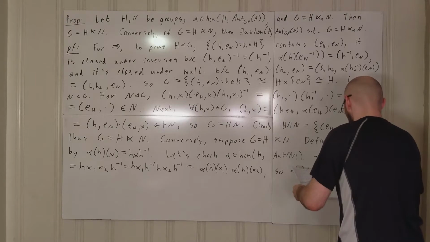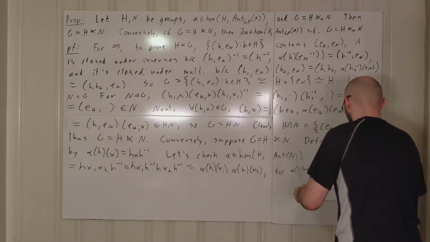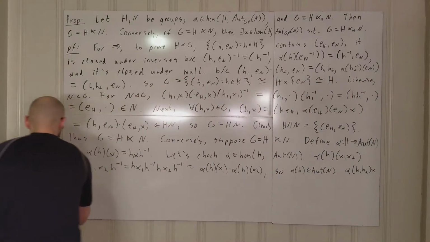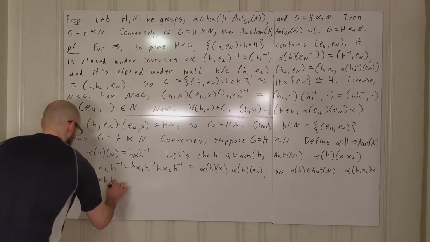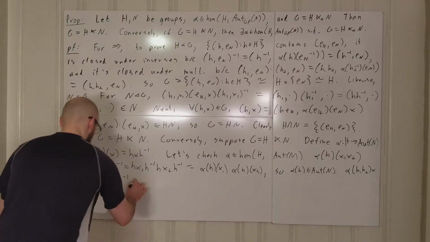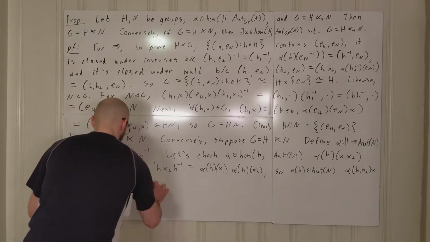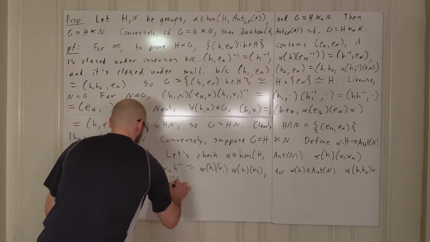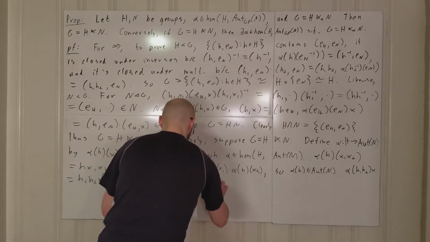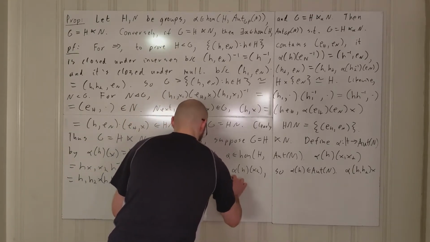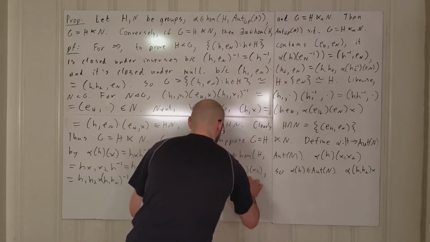So then alpha of h1 h2 applied to x is h1 h2 x (h1 h2) inverse. And this is h1 h2 x h2 inverse h1 inverse. And then from here you should be able to see we have h1, and then on the inside we've got alpha h2 of x, and this times h1 inverse.